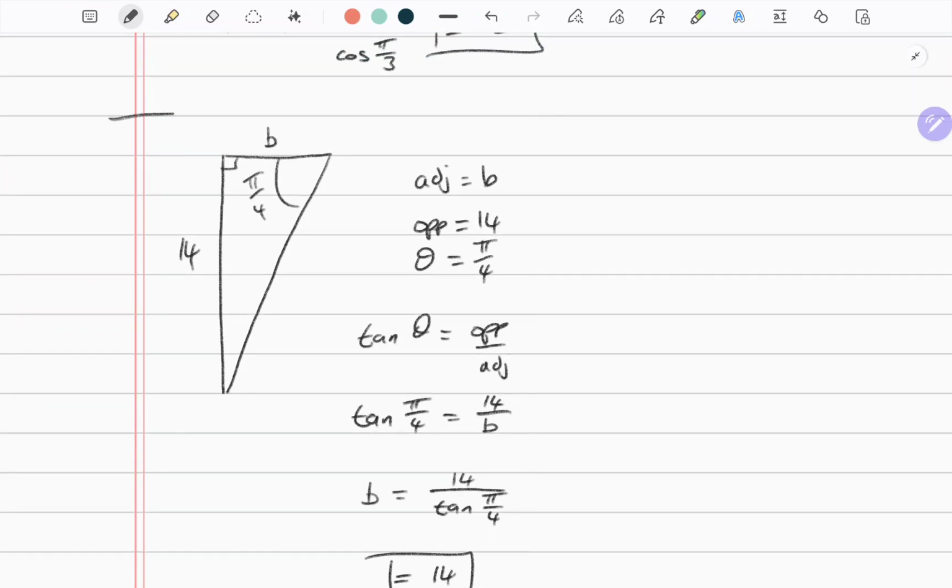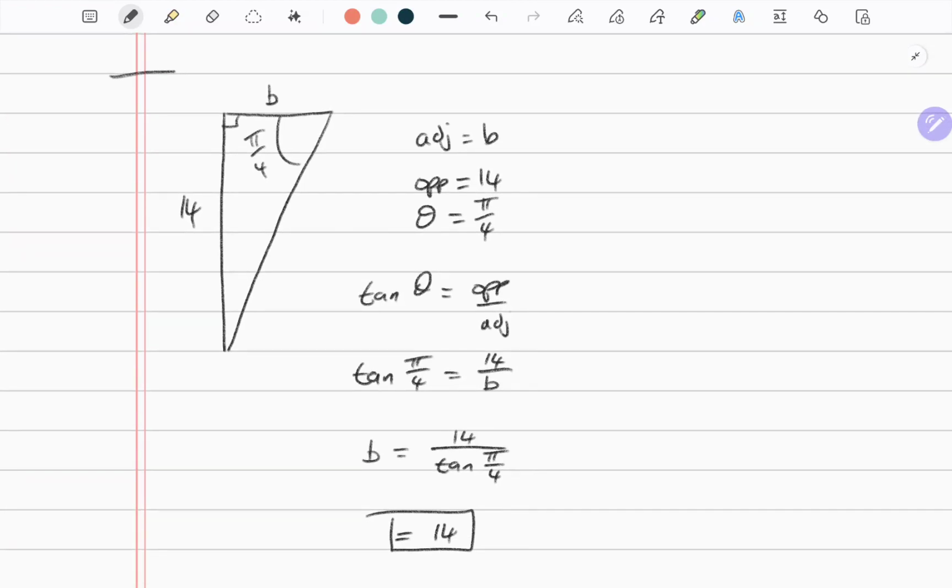So a little bit of a curveball here. Don't be fooled by my dodgy drawings. This side obviously looks a lot longer than that side, but they're supposed to be the same length. I purposely drew this badly so that you can test it for yourself. Pi by 4 radians is equal to 45 degrees.